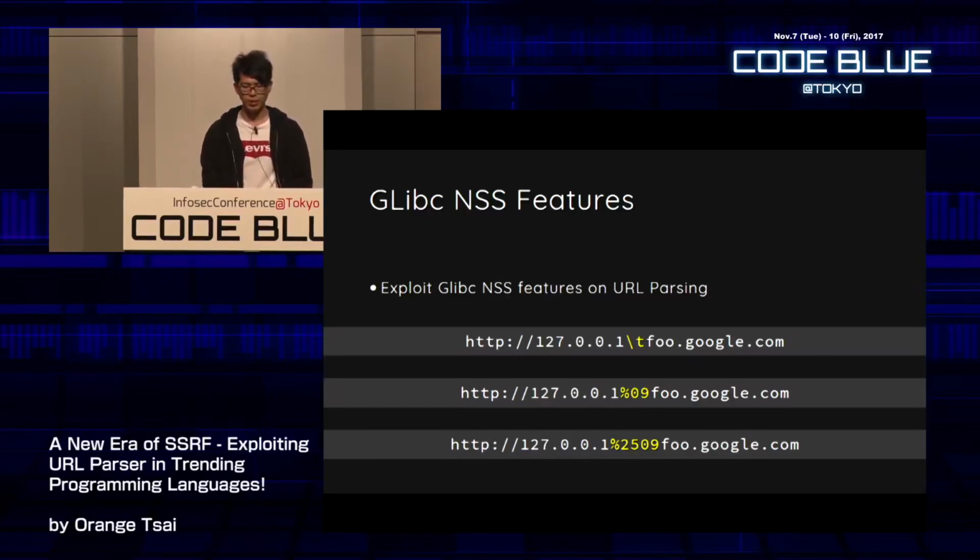The %2509 is a special one and needs more explanation. Why does double encoding work? After digging into the source, we found that libraries such as Perl decode the URL twice. So these patterns are useful when breaking some subdomain checks.